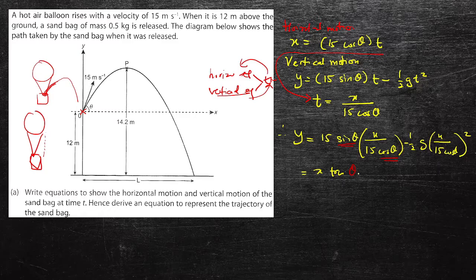And minus g x squared divided by 450 cos squared theta. So that will be the whole equation: y equals x tan theta minus g x squared over 450 cos squared theta, the whole equation for the question.